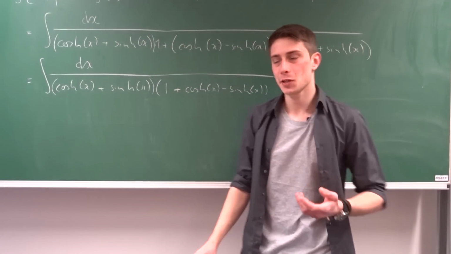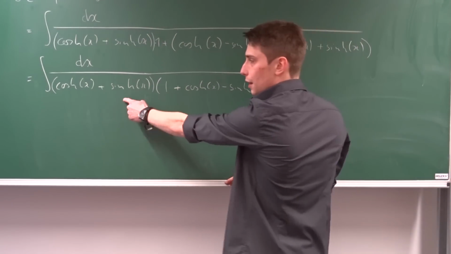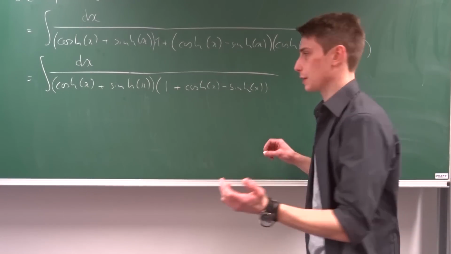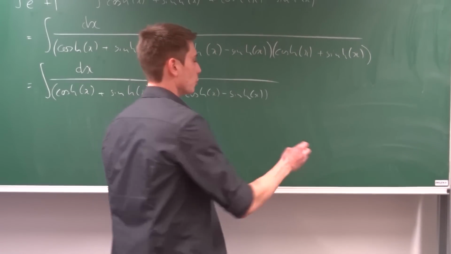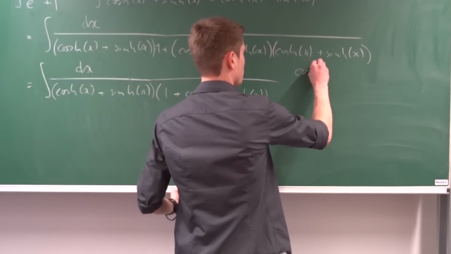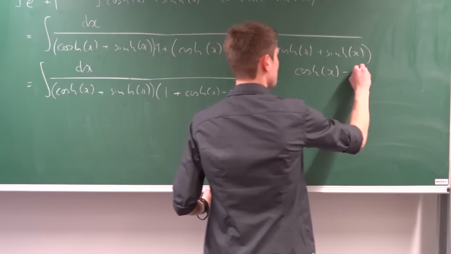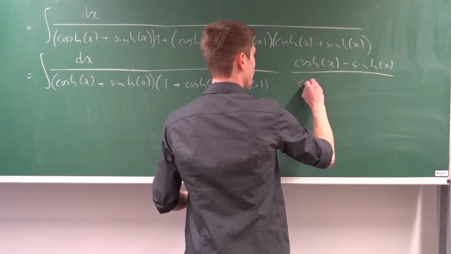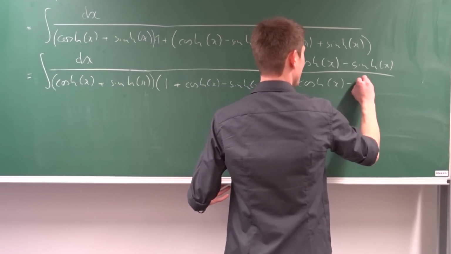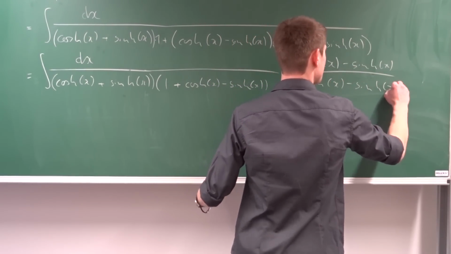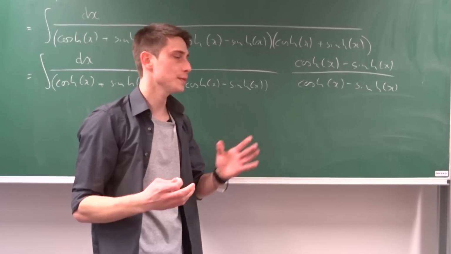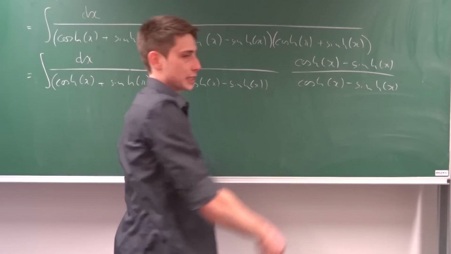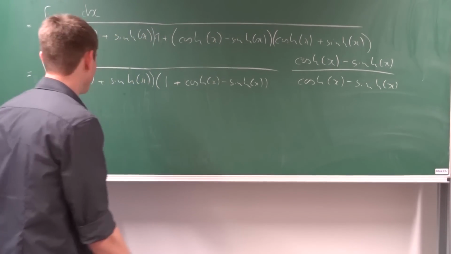And here's another great thing we can do. We can multiply this whole expression by a 1 and it won't change anything. But what exactly is a 1? Well, a 1 is nothing else than cosh of x minus sinh of x over cosh of x minus sinh of x. And I hope you agree with me that this is true, that we can do that, under the condition that this isn't equal to 0, of course.